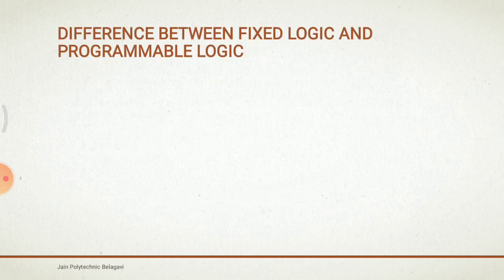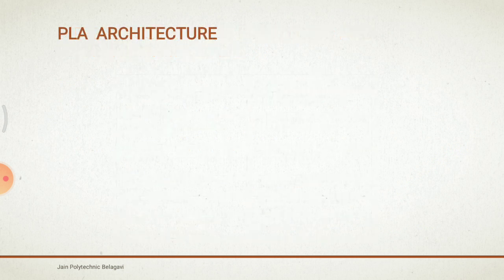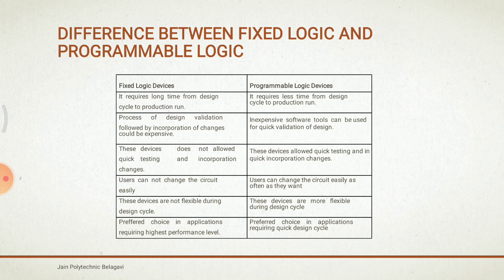Now there is a difference between fixed logic and programmable logic. Fixed logic requires a long time from the design cycle to production run, while programmable logic requires less time. Also, in the design process, design validation must be followed by incorporation of changes, which is expensive in fixed logic, whereas an inexpensive software tool can be used for quick validation of the design.